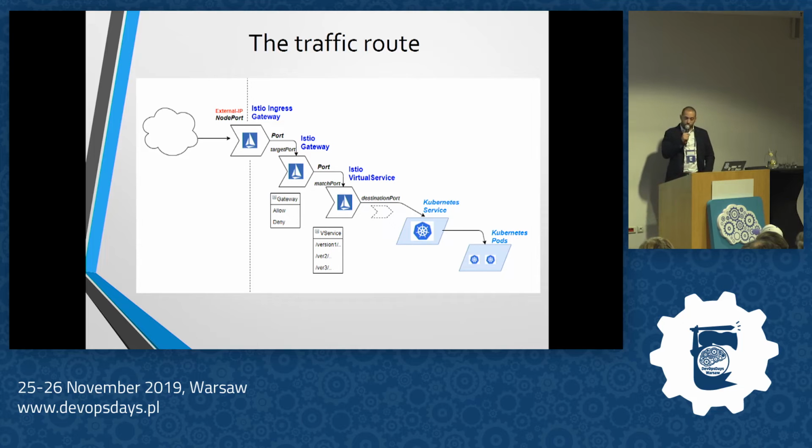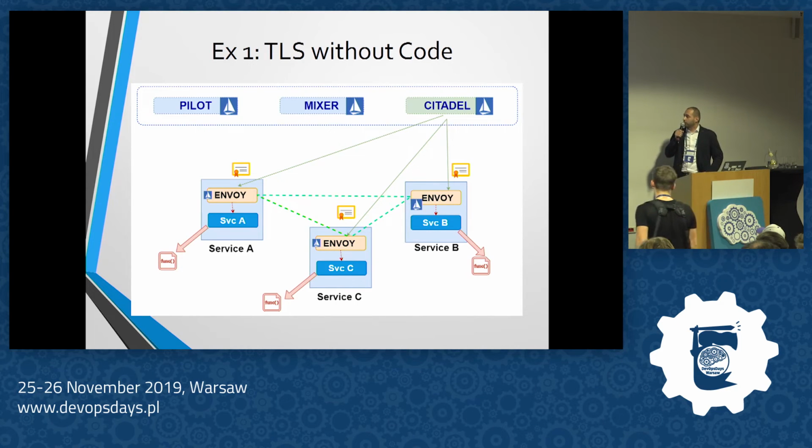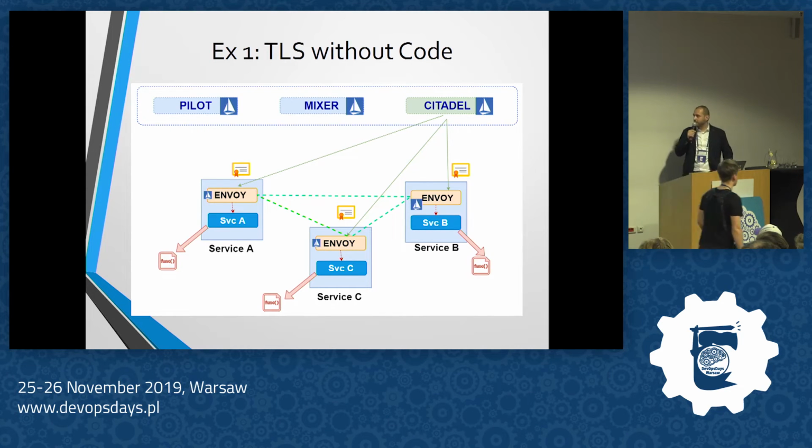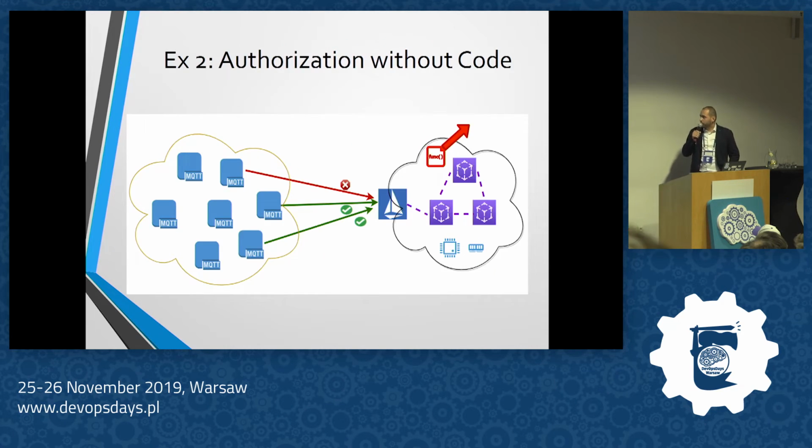So if you take a look at this typical traffic route of that mesh, it's a little bit complex, but this complexity makes it smart. So let's take a look at concrete examples where we can get rid of applications code. First of all, we were already in a situation to spend a lot of time implementing some security in our applications, but with Istio you can have a Citadel which provides necessary cryptographic identity to all the services in the mesh.